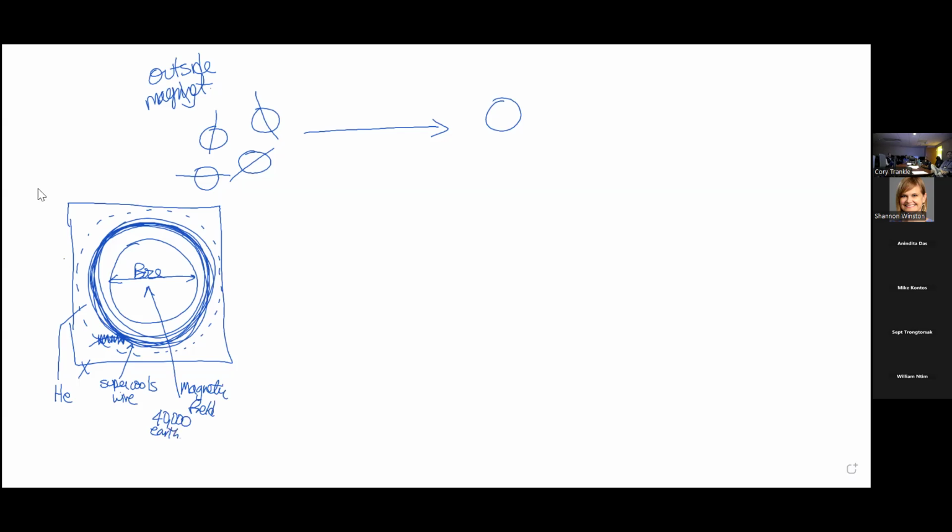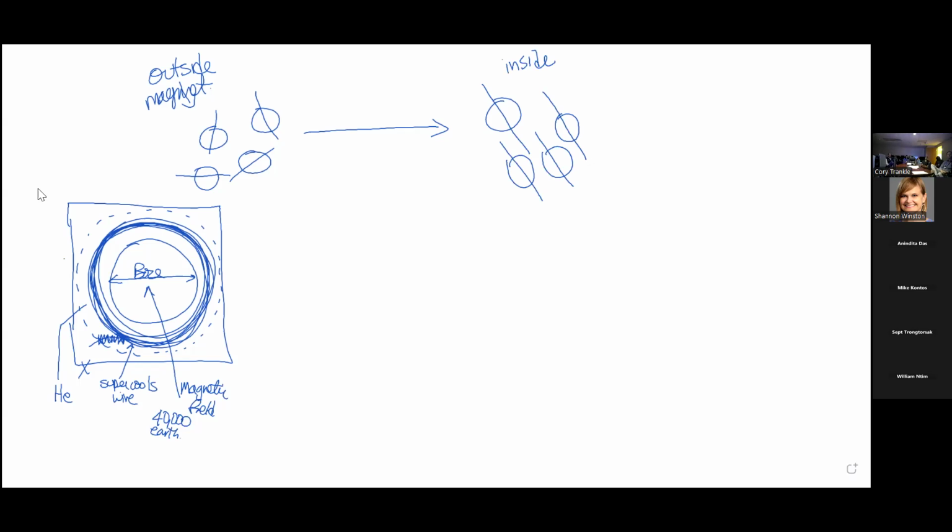So what does that do to these protons? When you go up inside the magnet, it makes all of those spinning protons, every single one of them in your body, align in a specific orientation.